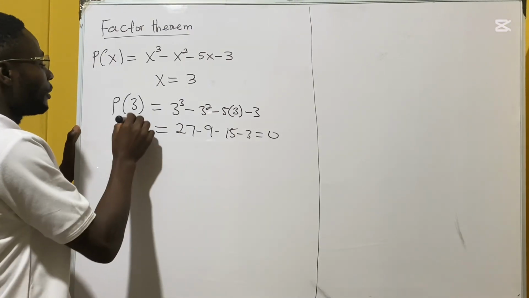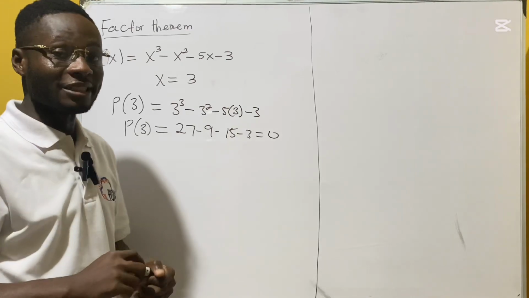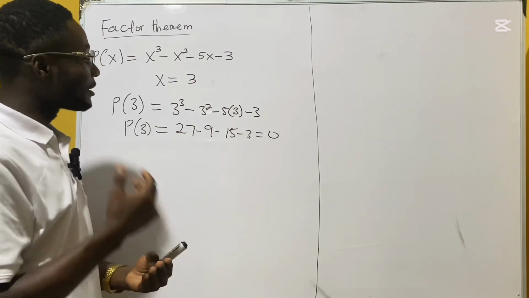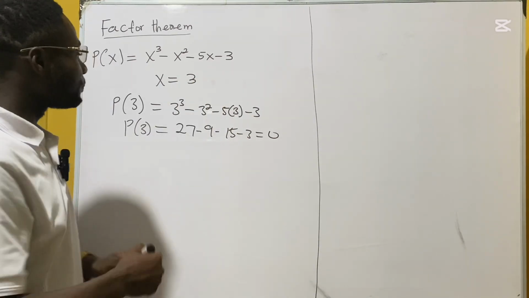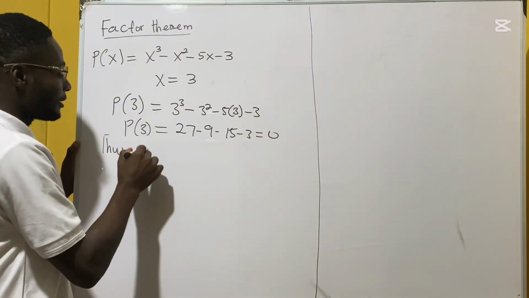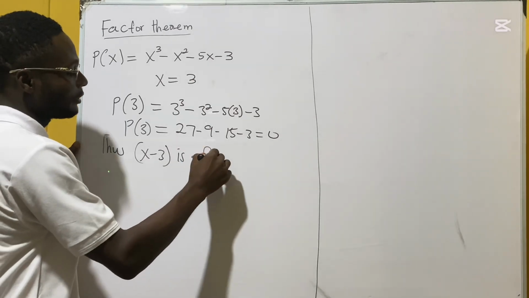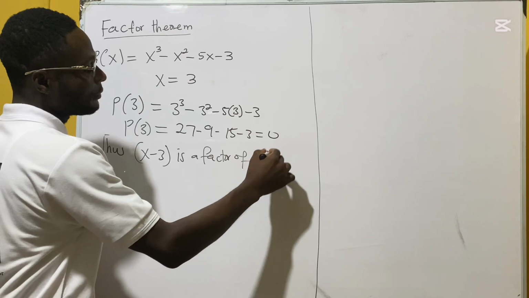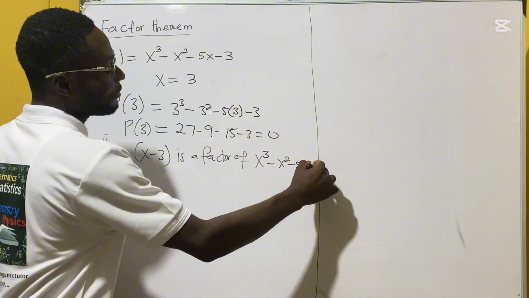So p of 3 gives us 0. That means when x equals 3, x minus 3 is a factor of x cubed minus x squared minus 5x minus 3.